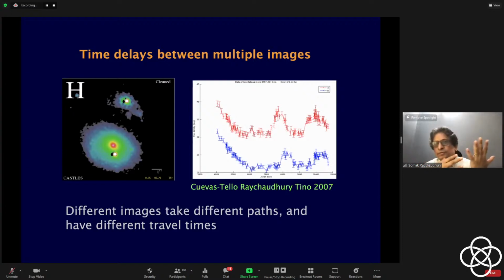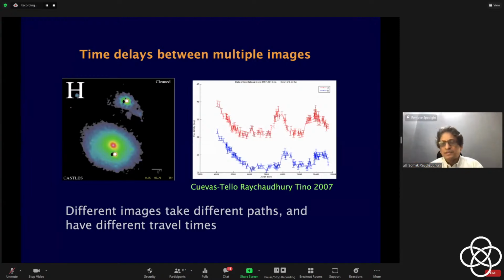First of all, you can prove that these 2 are the same thing, right? You can't have 2 objects in the same part of the sky, too much of a coincidence, that will vary exactly in the same way, but one with a 400-day lag, or in some cases a 10-day or 15-day lag with each other. And the second thing is it allows you to measure the actual geometry of the 2 paths, and thus it fixes your model.